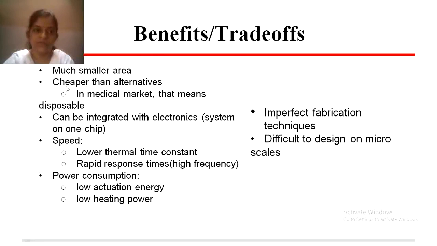Benefits: we can say a much smaller area is required, and it is cheaper than the alternative. In the medical market it is disposable, and it can integrate with an electronics system on one chip.